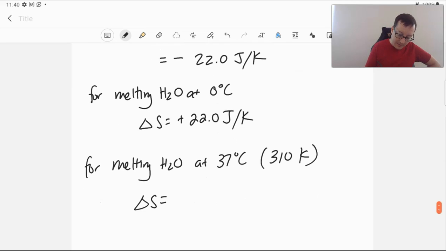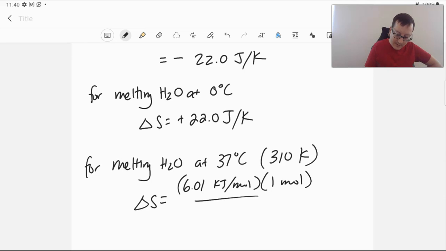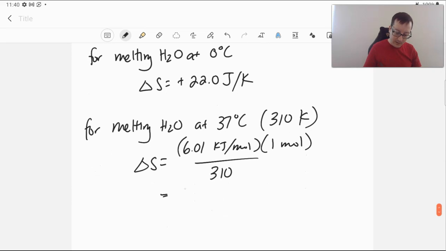Delta S would be the Q, which is 6.01 kilojoules per mole, times our 1 mole, over the temperature 310. In this case, it's going to be 19.4 joules per Kelvin.